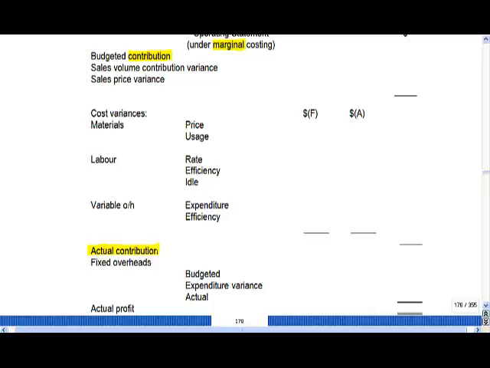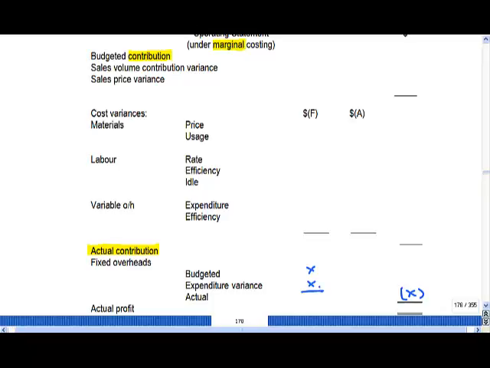We want to deduct the actual fixed overheads from our actual contribution to arrive at profit. So the actual overheads come over into this column here, but we also want to understand how well we've performed in terms of our variances. So we will capture the budget and the expenditure variance to get to that overall actual overhead.